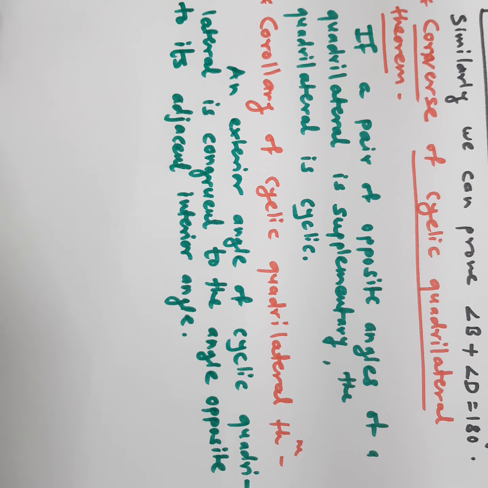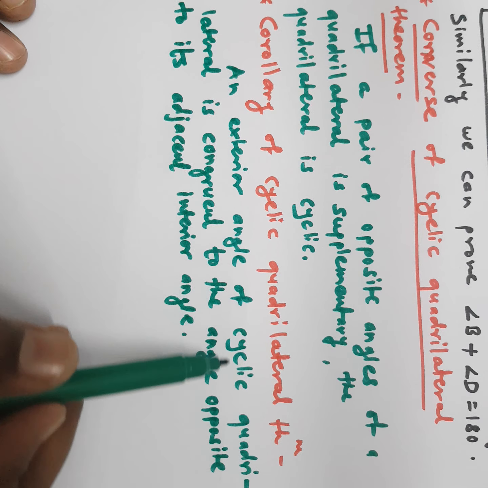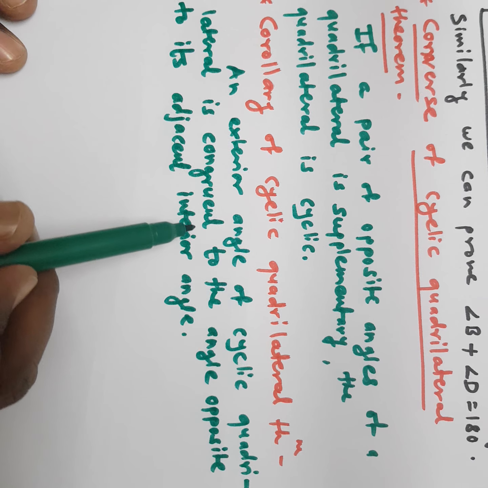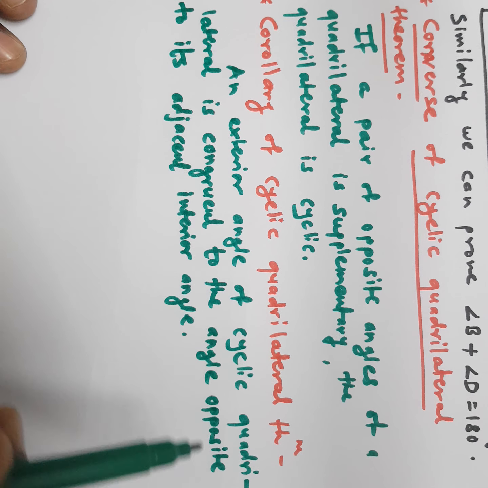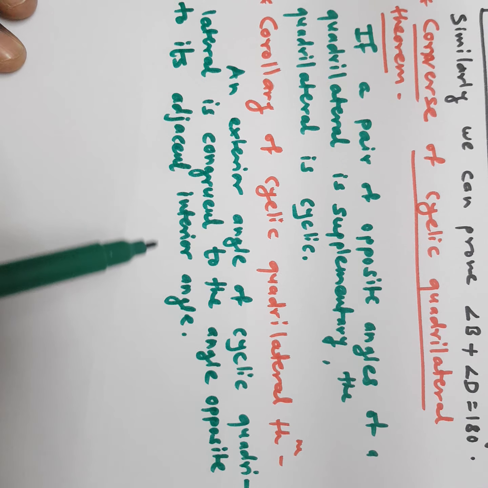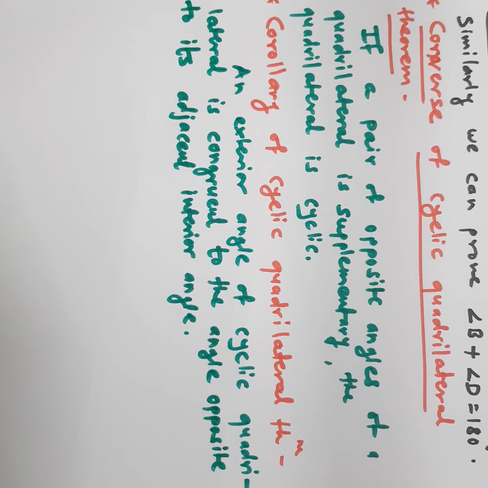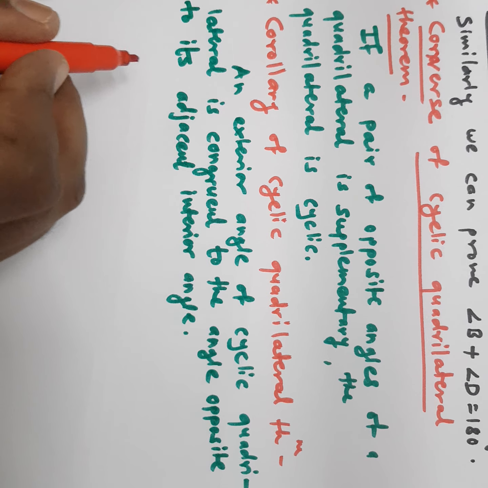See the statement of the corollary. An exterior angle of a cyclic quadrilateral is congruent to the angle opposite to its adjacent interior angle. We will see it in the figure.